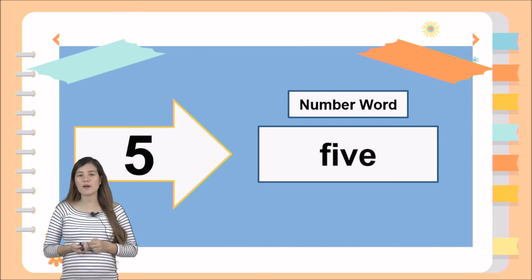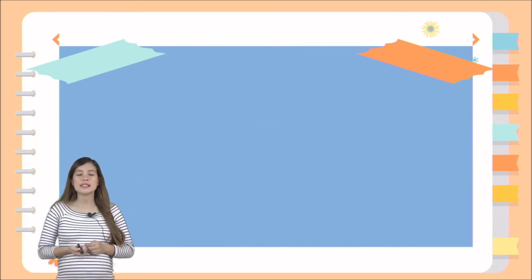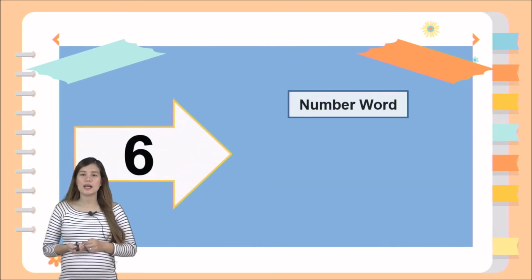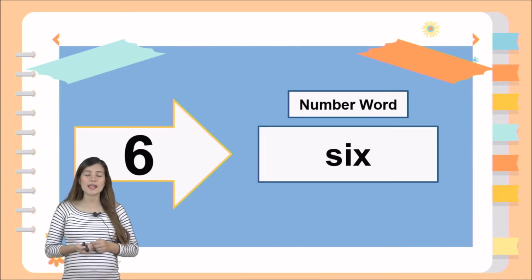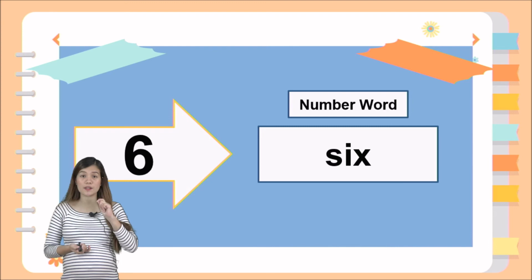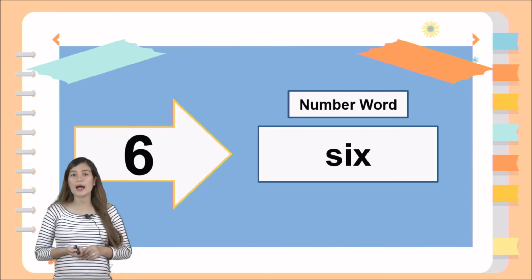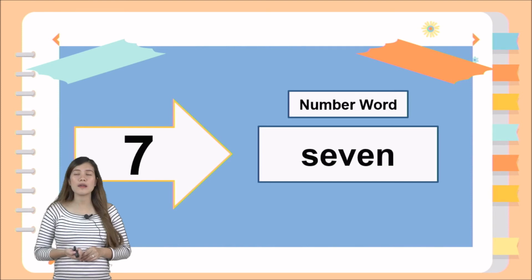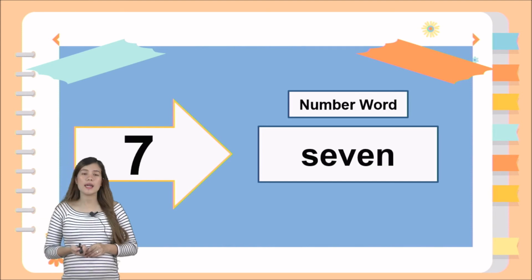Next, after number 5, we have number 6, and the number word is S-I-X. It's only 3 letters. It's easy to remember. S-I-X, 6. Next, number 7, and the number word is S-E-V-E-N.